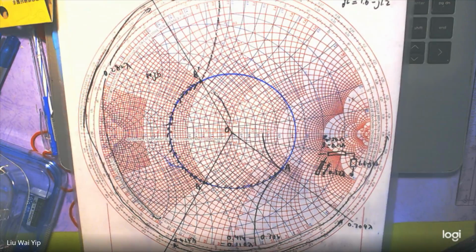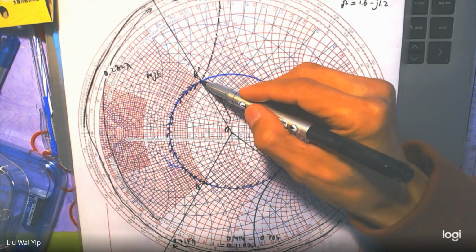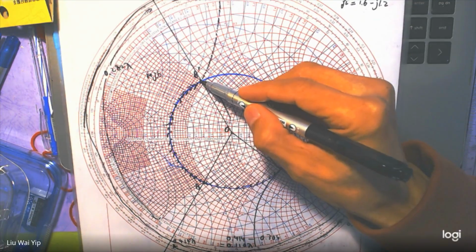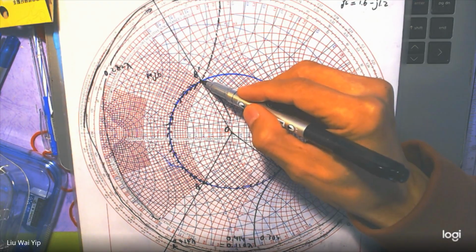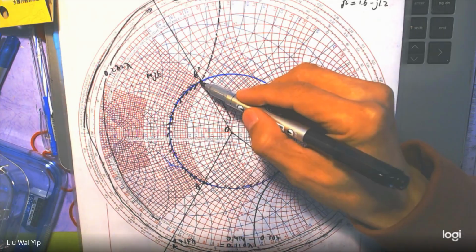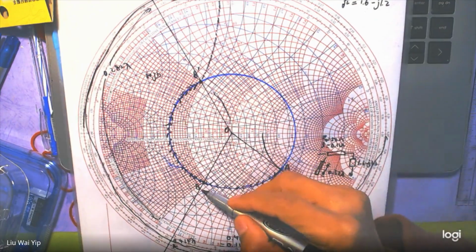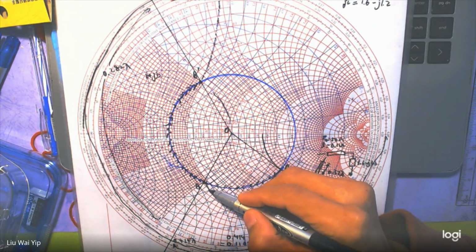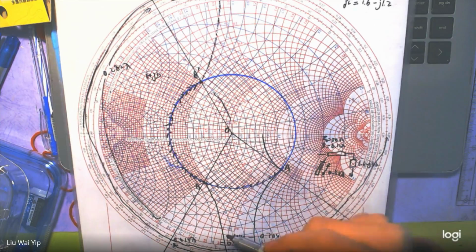And now you're going to find the open circuit stub that cancels off the surplus susceptance at this point. So you need to look for point B here. From point B here, this is your length.